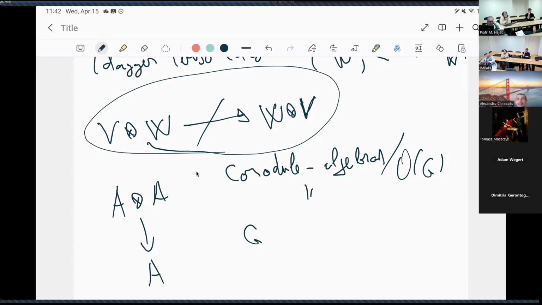So algebras acted upon by G. Remember, G is nothing but O of G, but we need to dualize the language because you think of G as dual to O of G. So these are G algebras. That's an A, not an O.